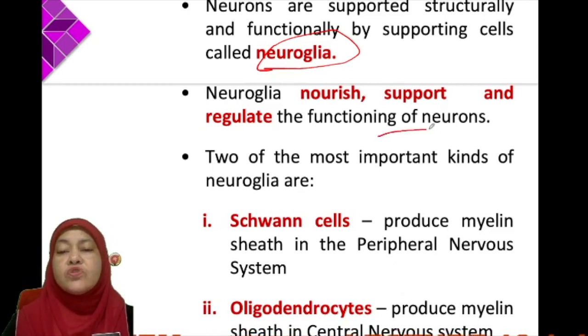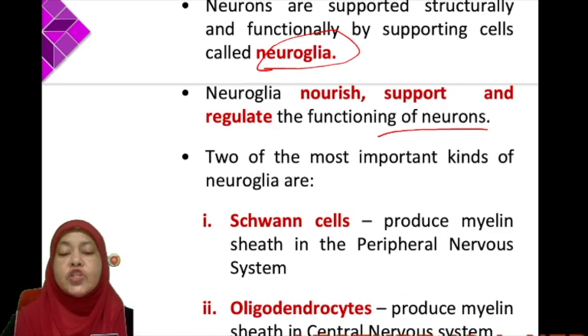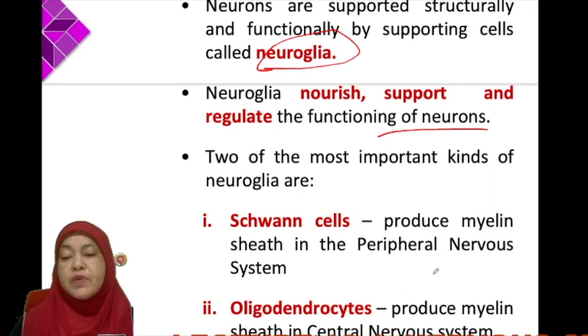The two most important neuroglial cells are the Schwann cells, which, as the teacher mentioned just now, produce the myelin sheath in the PNS, that is the afferent and efferent neurons, and the oligodendrocytes, another supporting cell that produces the myelin sheath in the CNS, which means our brain and spinal cord.